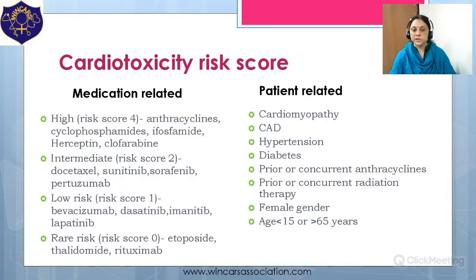Coming to patient-related risk score: cardiomyopathy, CAD, hypertension, diabetes, prior or concurrent anthracyclines, prior or concurrent radiation therapy, female gender, age less than 15 or more than 65 years, each has been assigned 1 point.